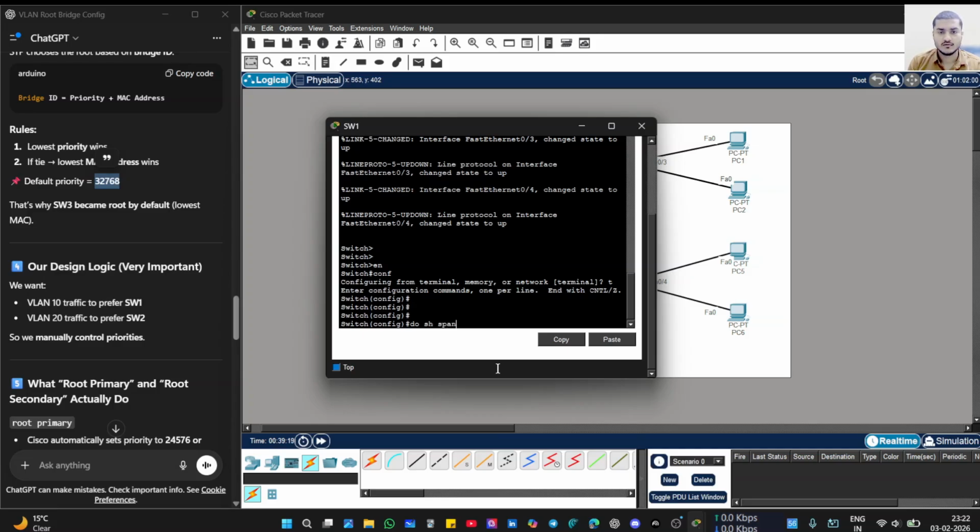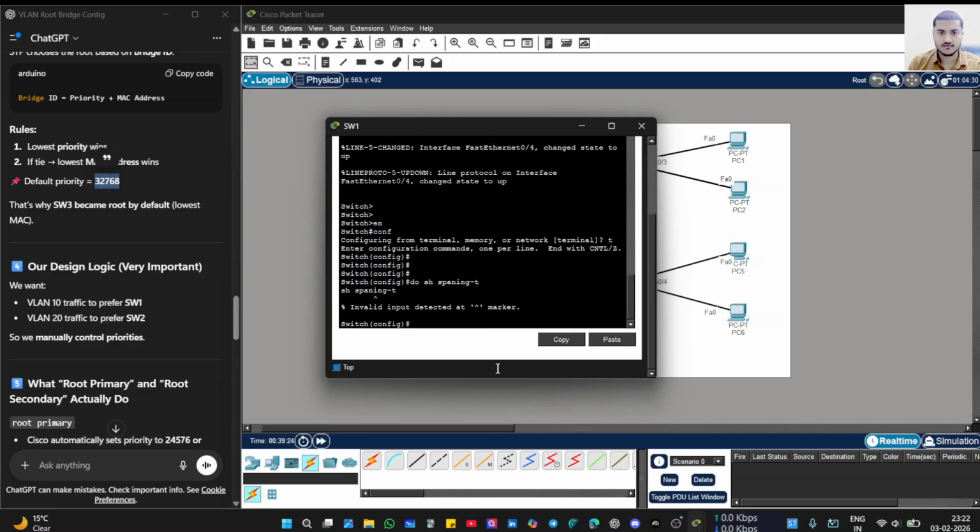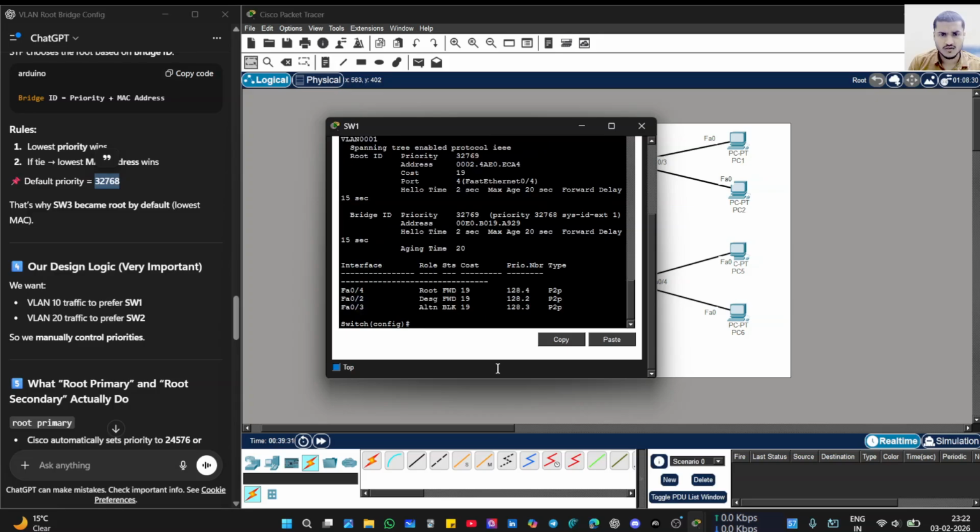Spanning-tree, right? As you can see, the bridge ID by default is plus 1, because VLAN 1 is inside it. That value is added by default, and that makes it 32769.